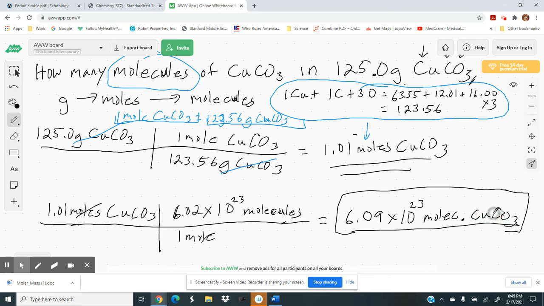That's a C. Okay. So we turned our grams to moles. And then once we had the moles, we went ahead and took that answer and converted our moles of copper carbonate into molecules. Notice the abbreviation for molecules is MOLEC.